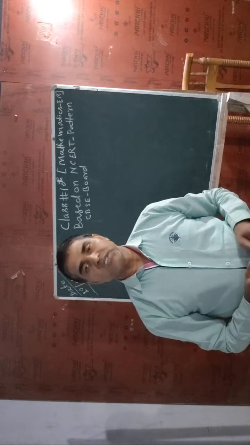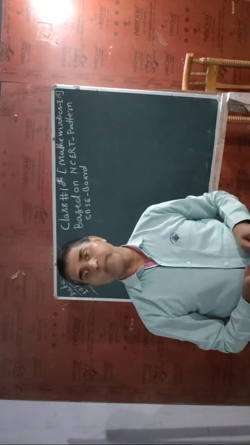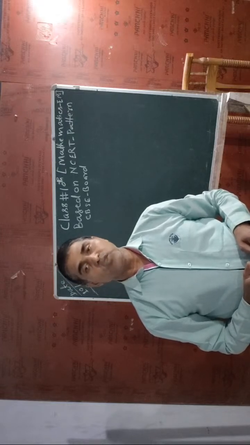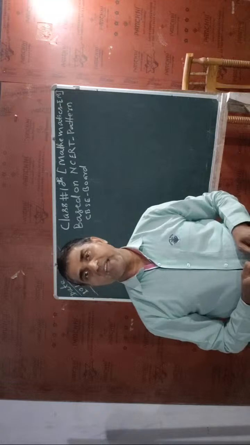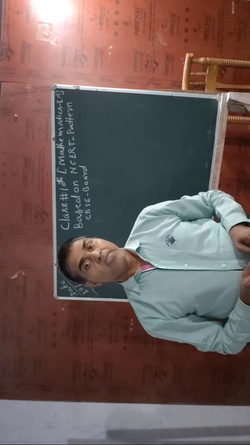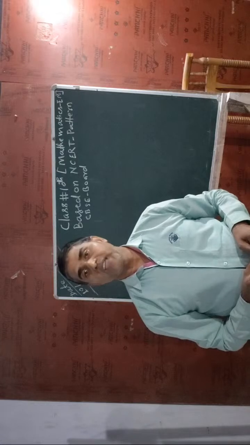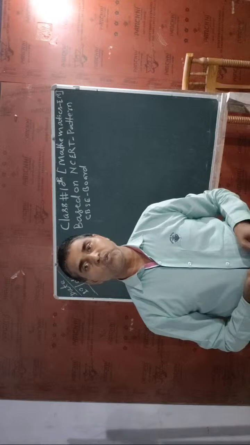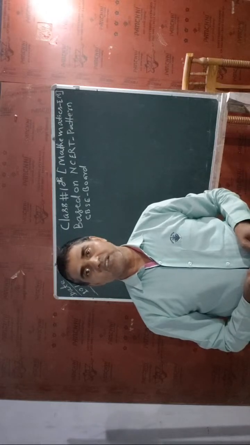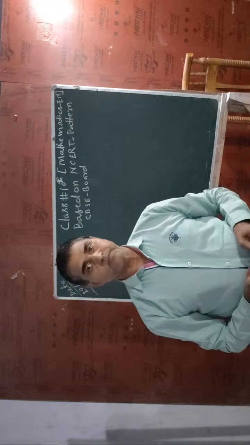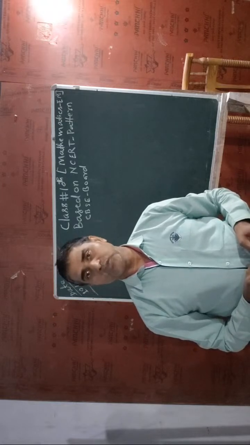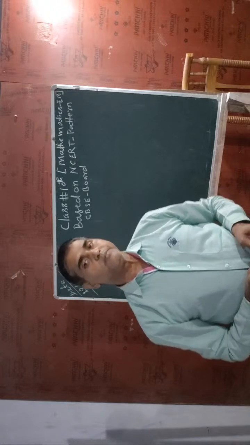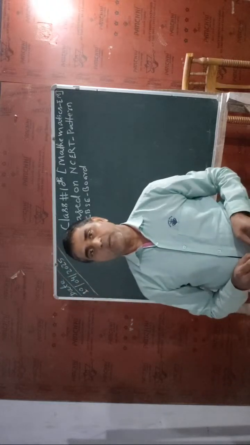First instruction is that you have to take one notebook and one pen, and then sit properly at your location. Now today I am going to explain the relationship between zeros and coefficients of the polynomial.